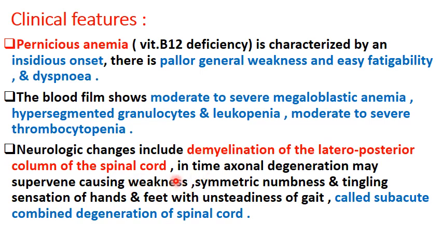So this leads to weakness, numbness, tingling sensation of the hands and feet, and unsteadiness in the gait when the patient walks. This is called subacute combined degeneration of the spinal cord, which is caused by vitamin B12 deficiency as a result of pernicious anemia, due to the demyelination of the lateral and posterior columns of the spinal cord.